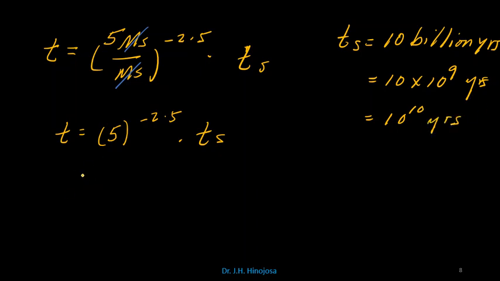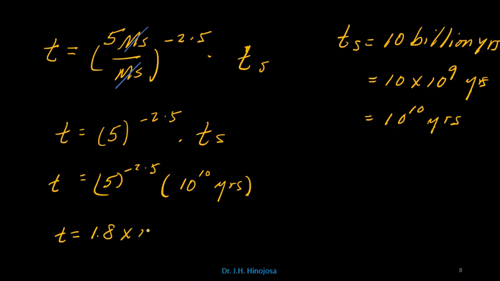So we have then that the lifetime of this particular star is 5 raised to the minus 2.5 power times 10 to the 10 years, or T is equal to 1.8 times 10 to the 8 years.